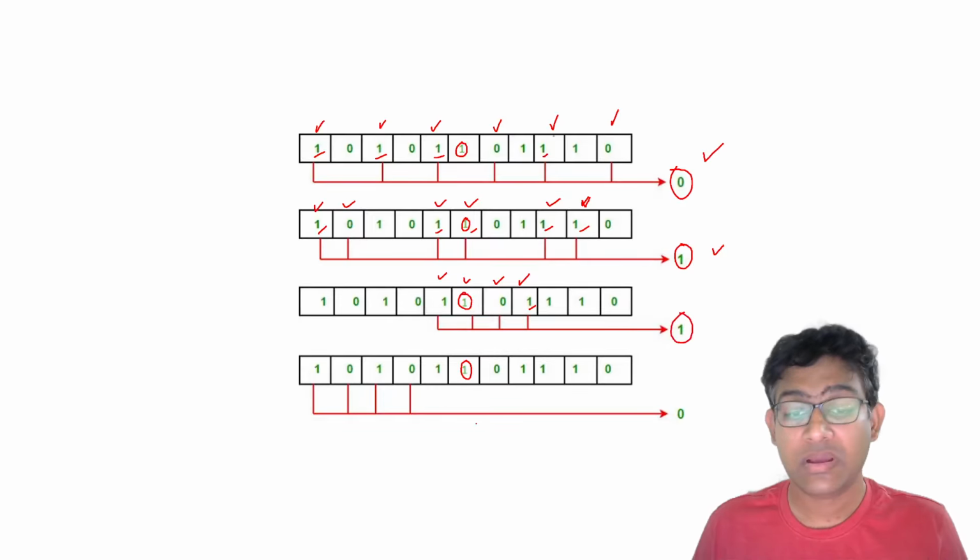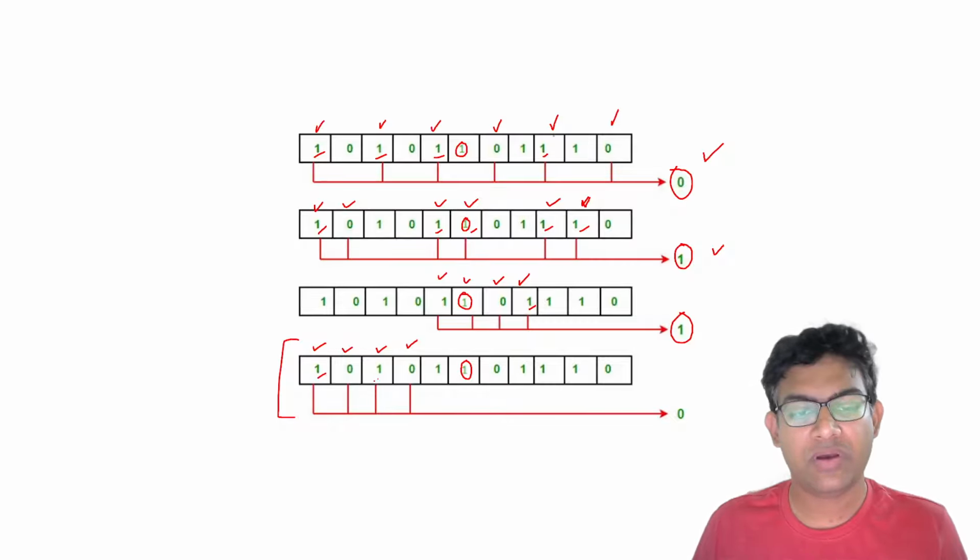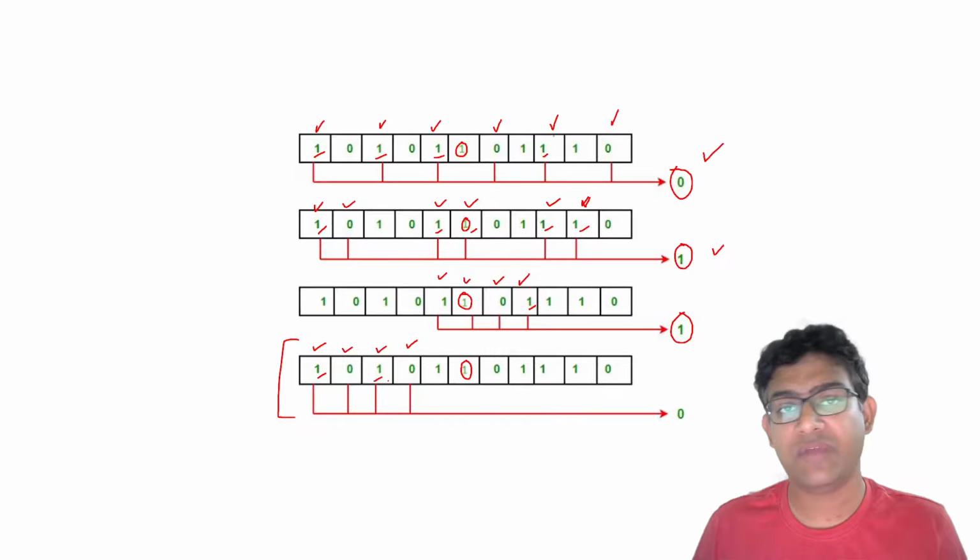Now for R8, 3, 4, 5, 6, 7, 8, which is this position here. We need to consider these ones also. Now for R4, the third bit has to be 1 for all the positions. For R8, the fourth bit has to be 1 for all of those positions. And we have 1, 1, 2 ones. So we already have even number of ones. So the parity is going to be 0.